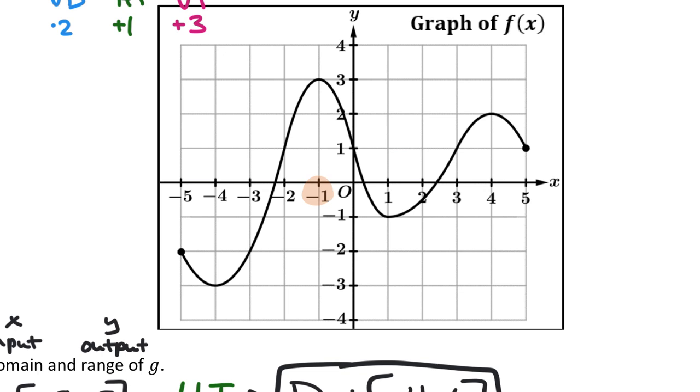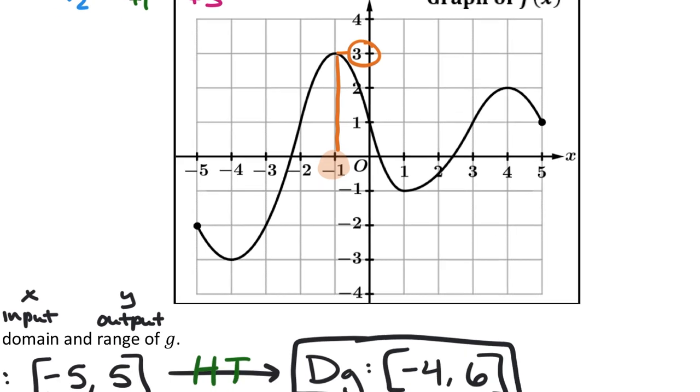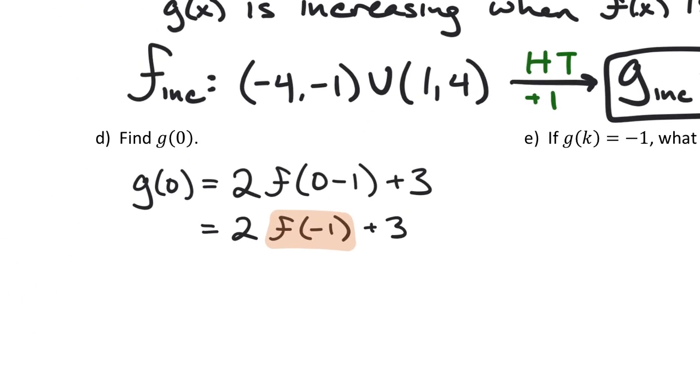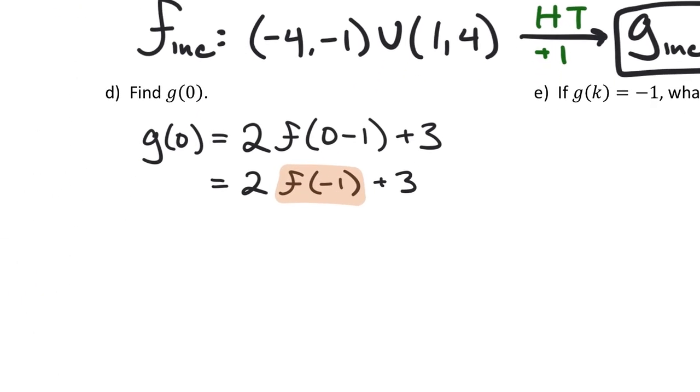What is the output when the input is -1? Yeah, it's 3. So if we read this graph, we know that we have an output of 3 when the input is -1. So in the spot of f of -1, I can put the number 3, because I read the graph to find that f of -1 is 3.